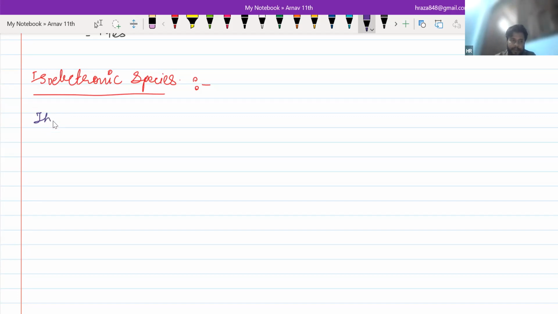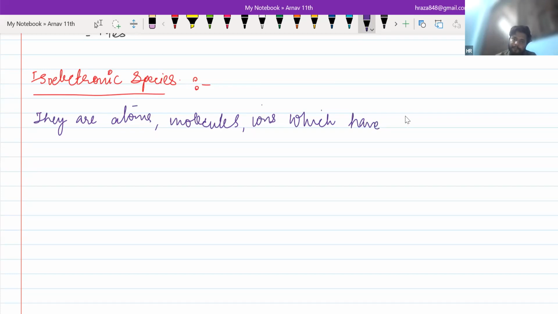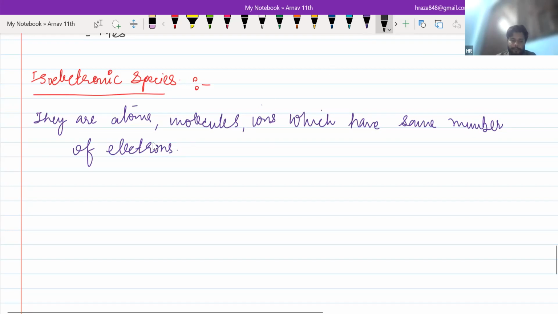They can be atoms, molecules, or ions which have the same number of electrons.